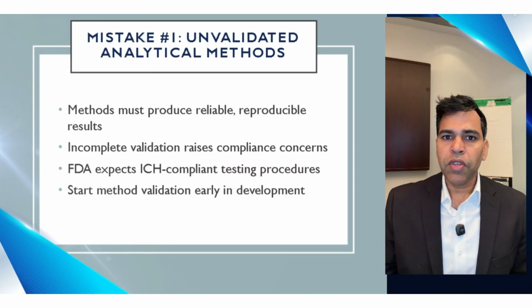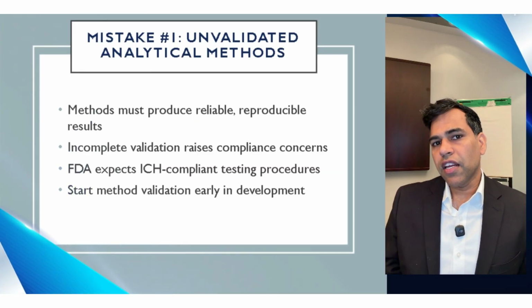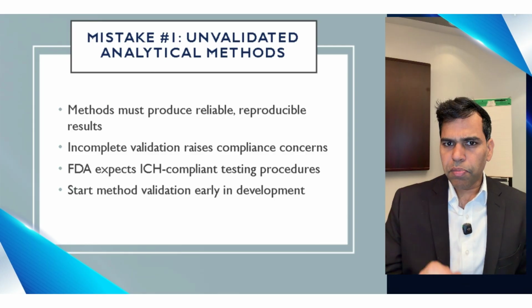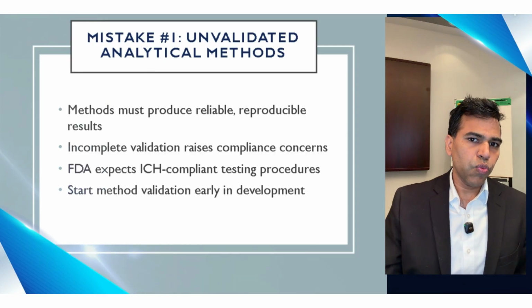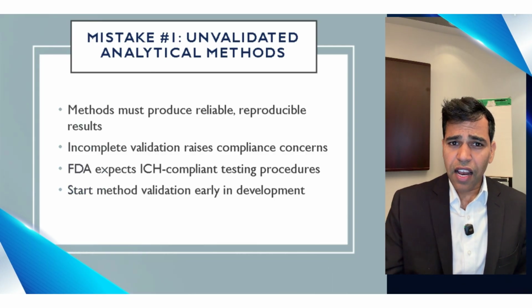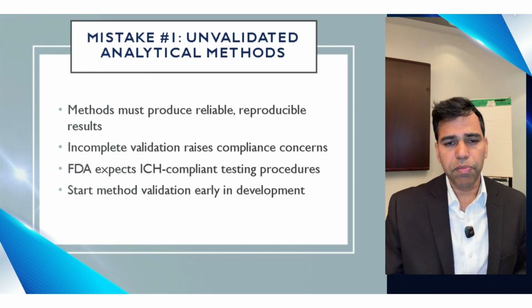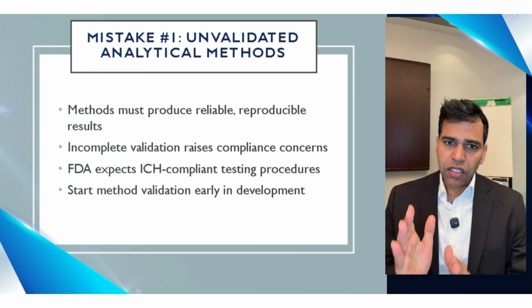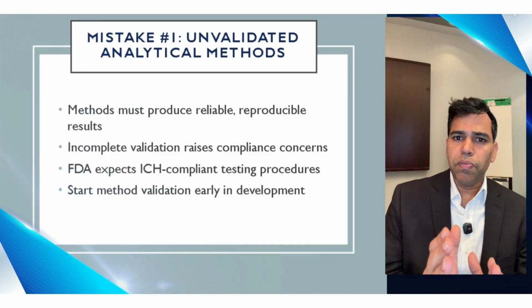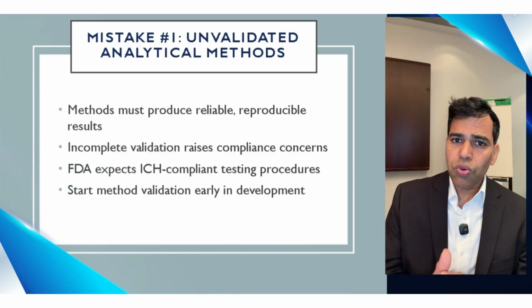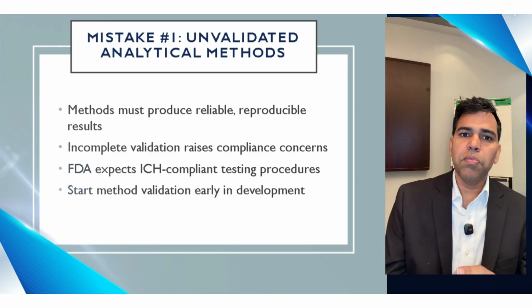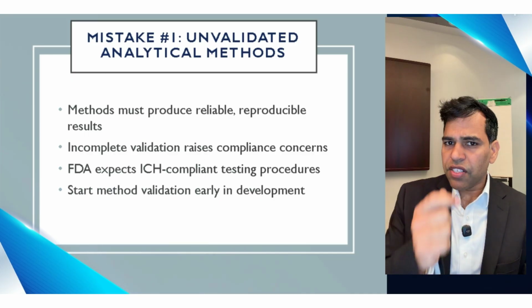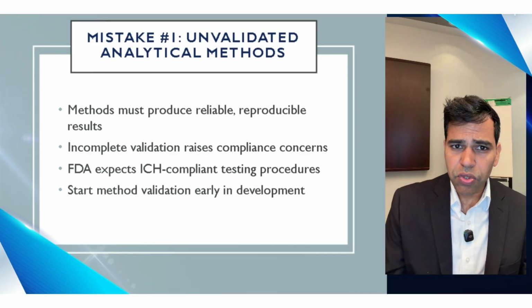Mistake number 1: unvalidated analytical methods. The first and probably the most common mistake we see is submitting with analytical methods that haven't been properly validated. Here is the thing: FDA doesn't just want to know whether you measured, they want to know that your measurement means something. Is it reliable? Is it reproducible?